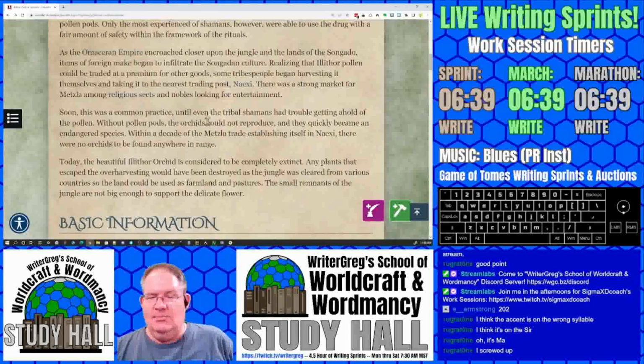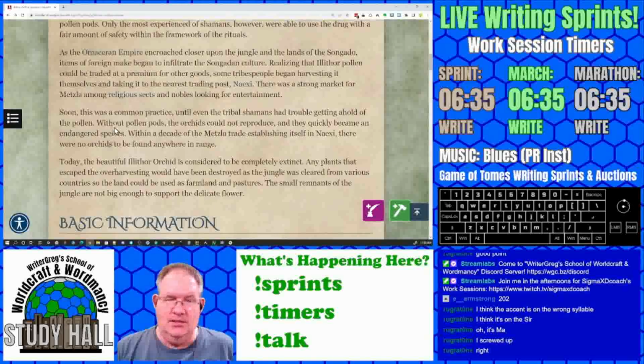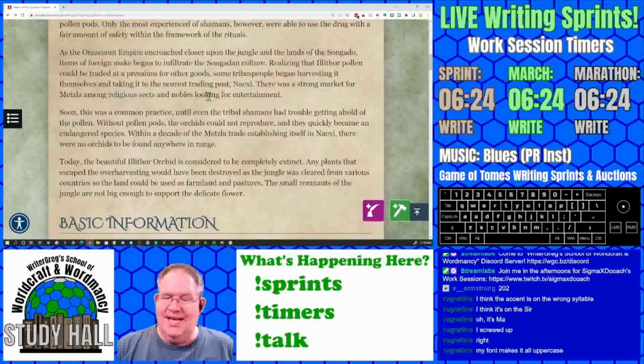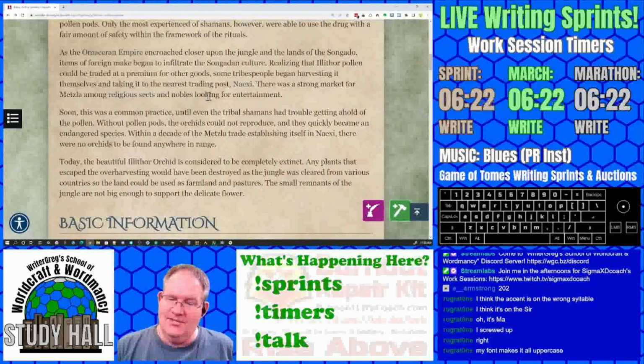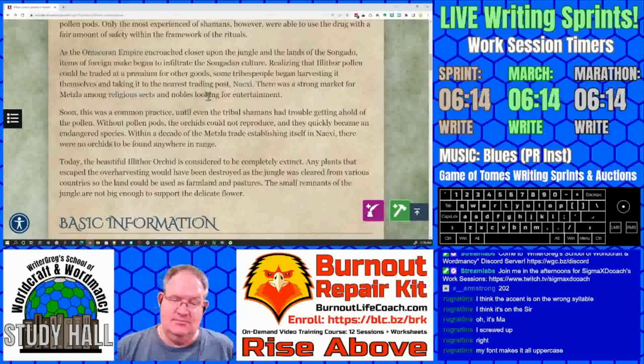Soon, this was a common practice until even the tribal shamans had trouble getting a hold of the pollen. Without pollen pods, the orchids could not reproduce. Good information. And they quickly became an endangered species. Within a decade of the Metzel trade establishing itself in Naexi, there were no orchids to be found anywhere in range.